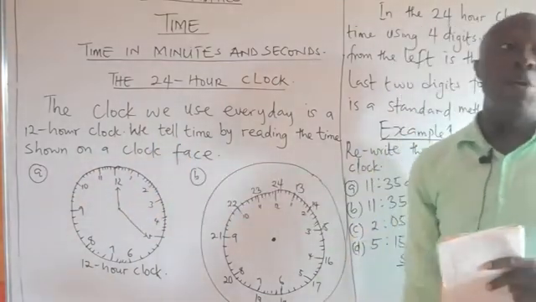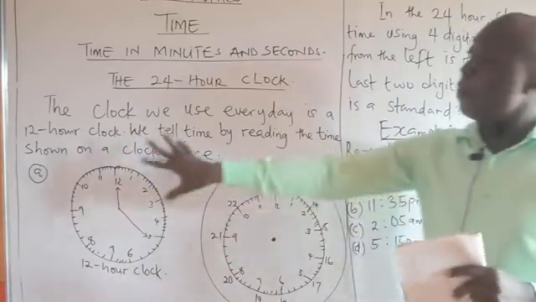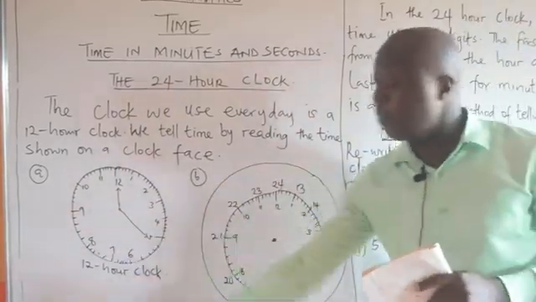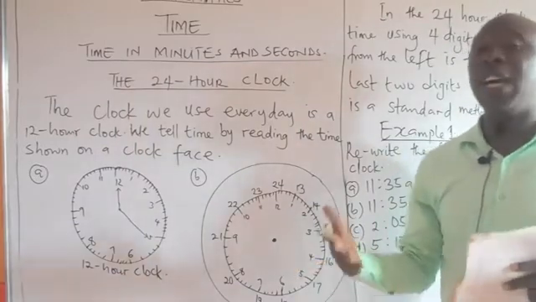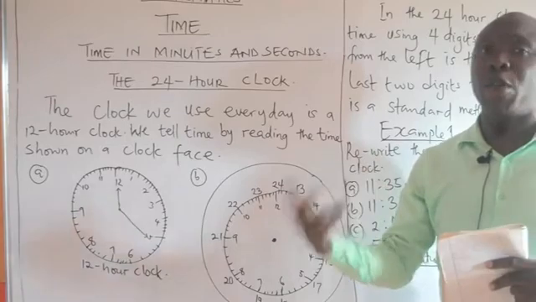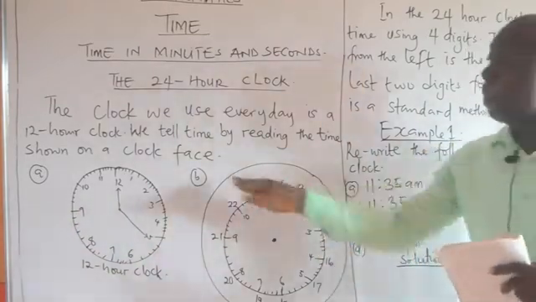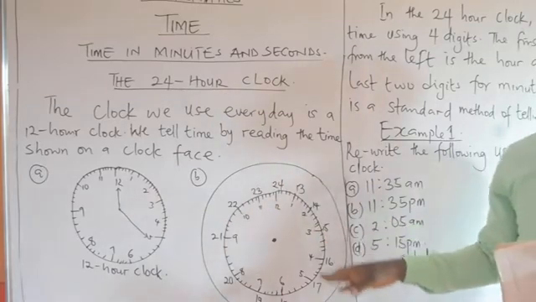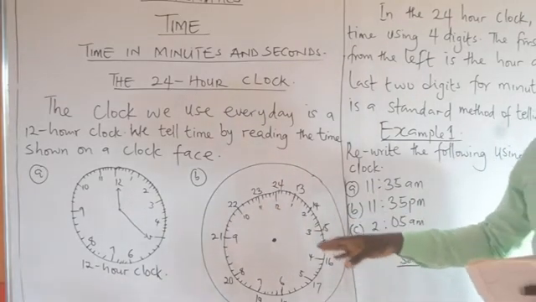If you look at the board, we have two different clock faces. The first clock face is the 12-hour clock, which is the common type of clock we use at home. And the B part is the 24-hour clock.